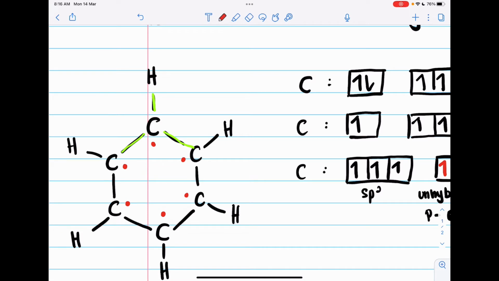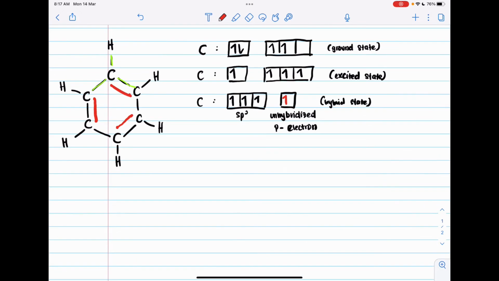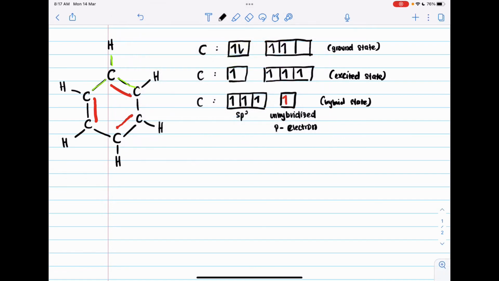So August Kekulé get this idea, kemudian dia kata, okay, untuk lukisan, why not kita just buat seperti ini. Represent one line, and represent one line. Sebab itu, lukisan kita dilukis seperti ini. Okay, kalau kita lukis semula, dia akan jadi ni.